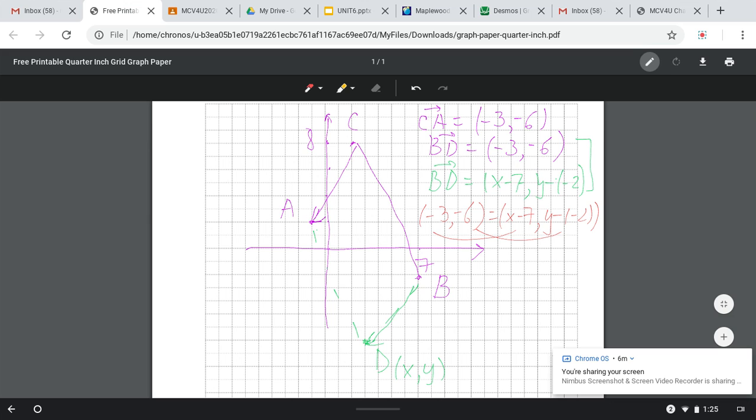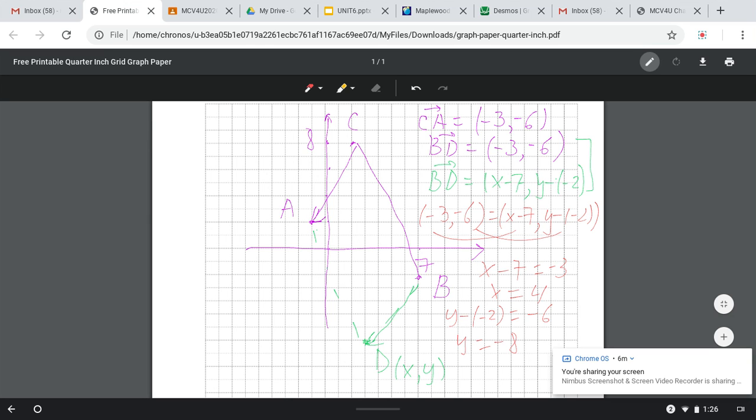So x minus 7 equals -3, x equals 4, and y minus -2 equals -6, which means that y is -8.